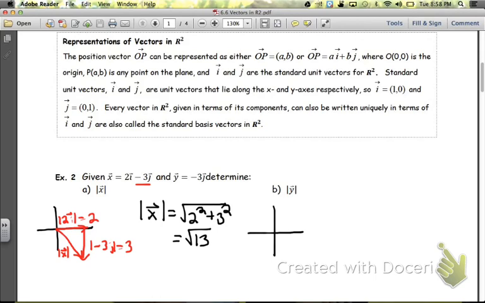For our negative 3j, I know my magnitude is equal to 3 there. So when taking the magnitude of our vector y, we just have the square root of 3 squared, which is equal to 3.